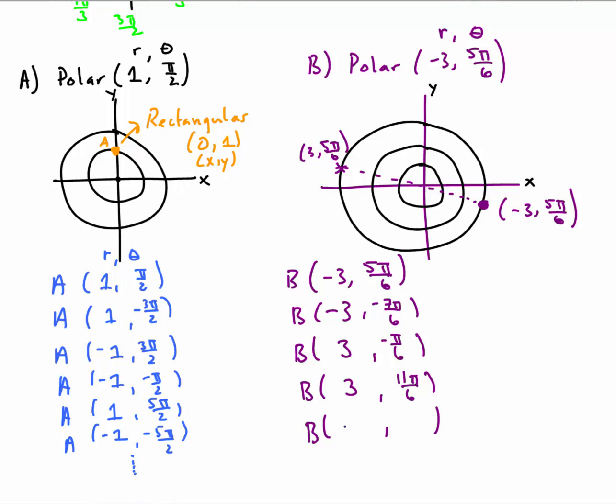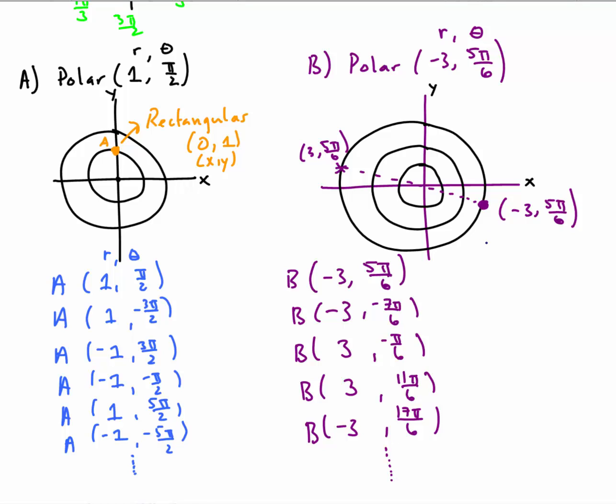I could also make this a -3, and then here's 2 pi, which would be 12 pi over 6, 13, 14, 15, 16. This would be 17 pi over 6, another way to describe that. And again, there's an infinite number of these, which means there are a lot more to choose from.